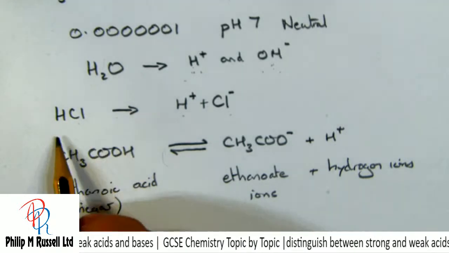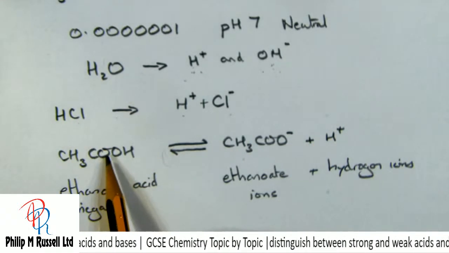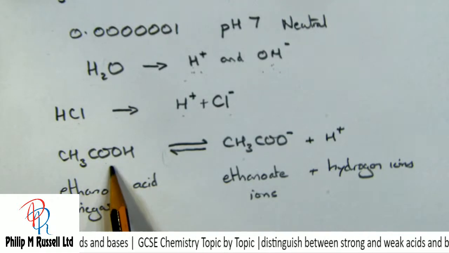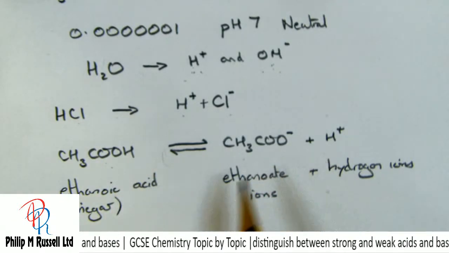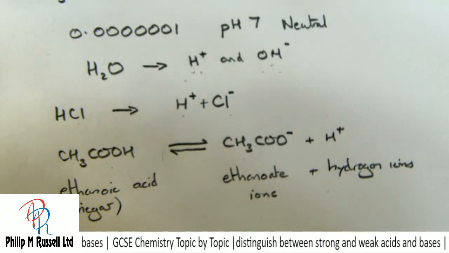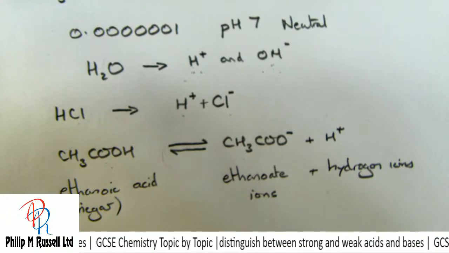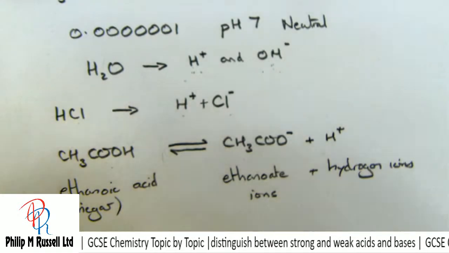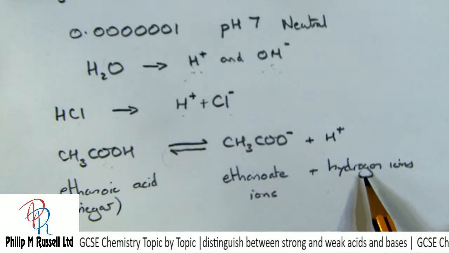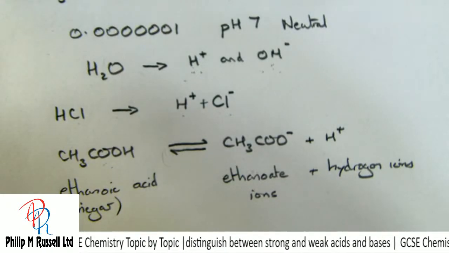But in this case of a weak acid, some of it stays like this and some stays like that. And now we've got probably a weaker acid because we've got less hydrogen ions being present.